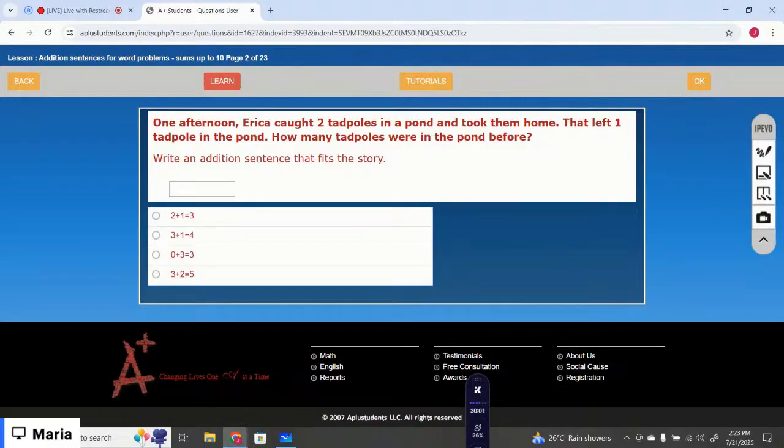That would be 2 plus 1 equals 3. Option number 1 is the correct option. 3 it is.